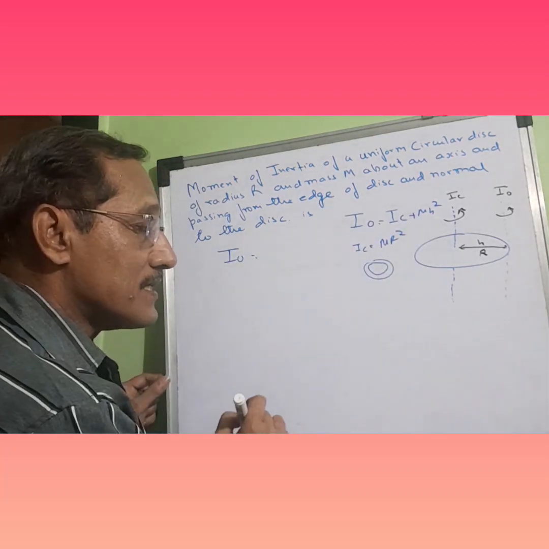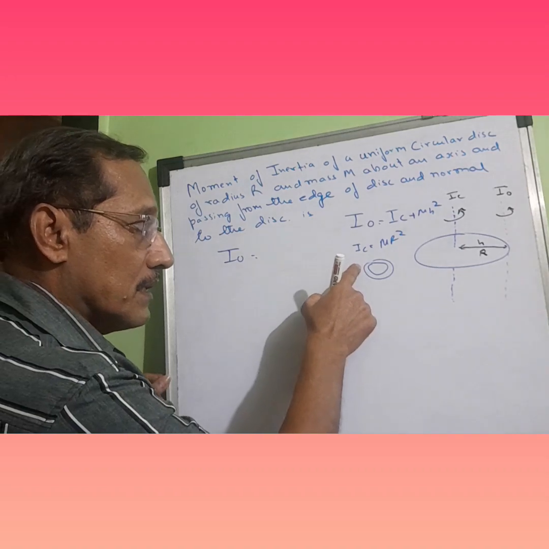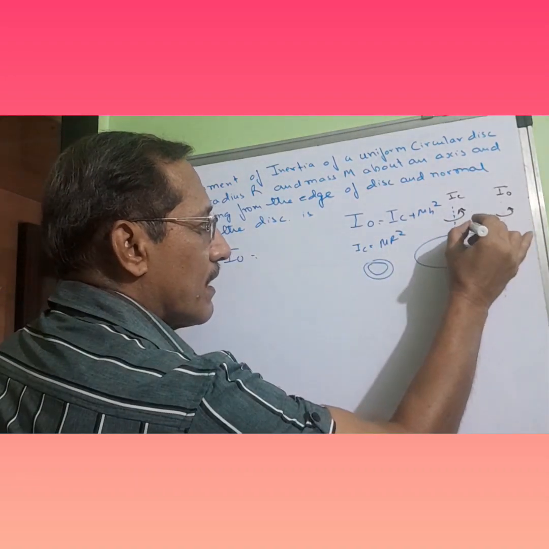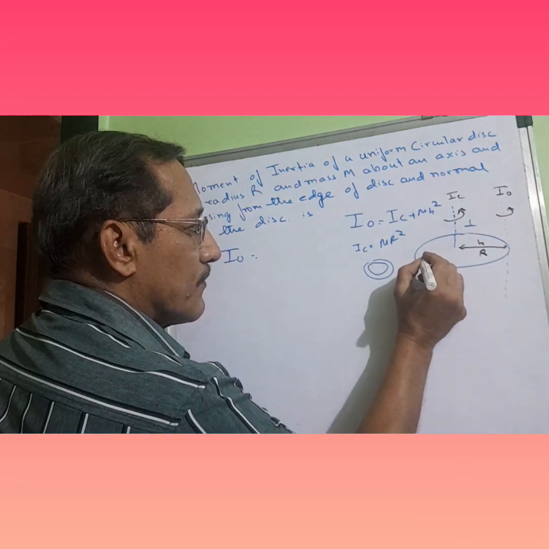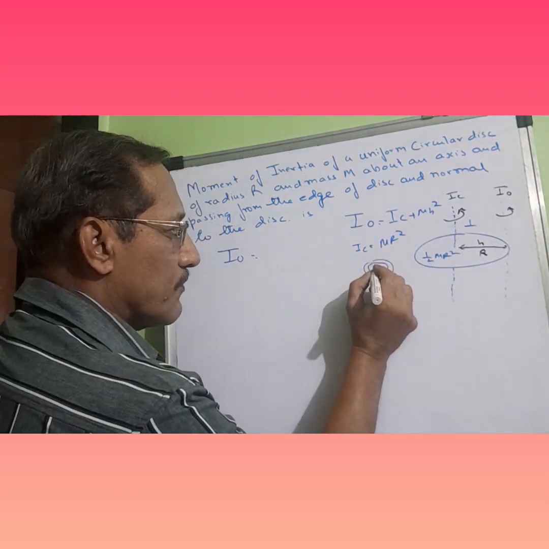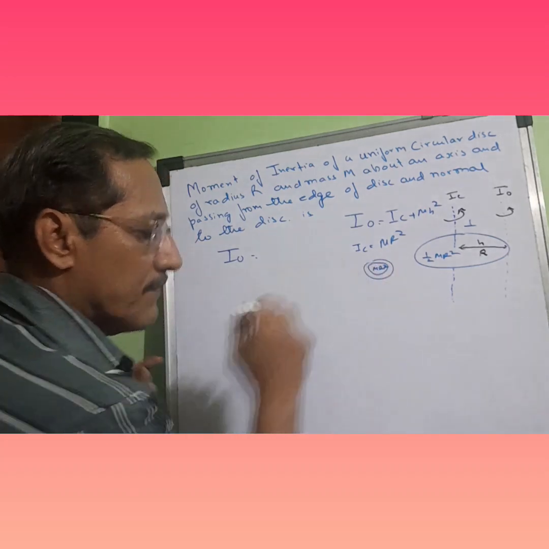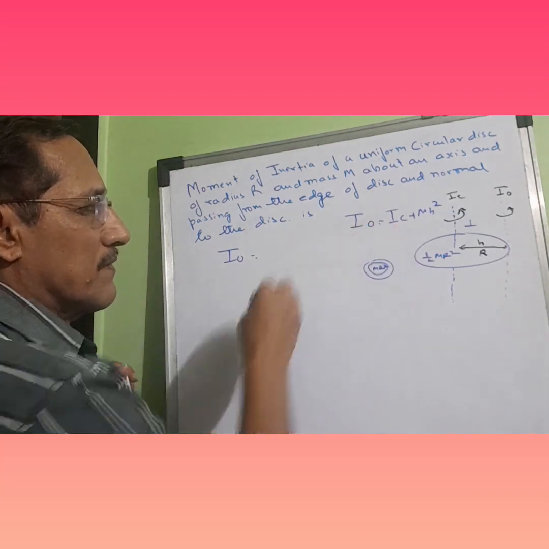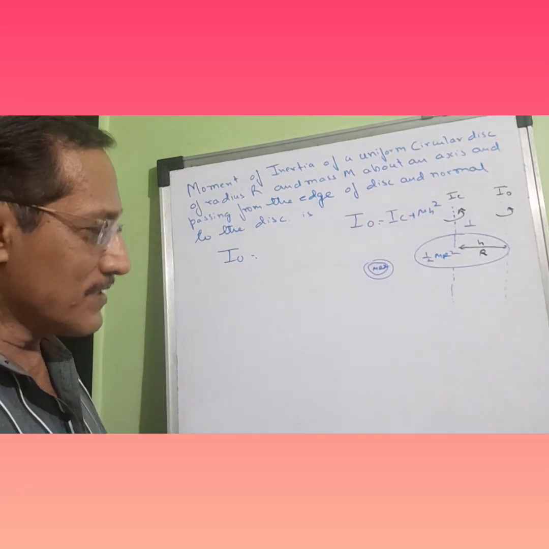But now since it is a disk, it would be half mr square, and it would have been mr square if it were a ring.